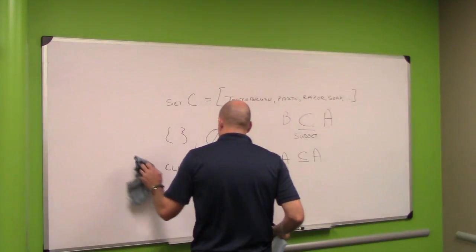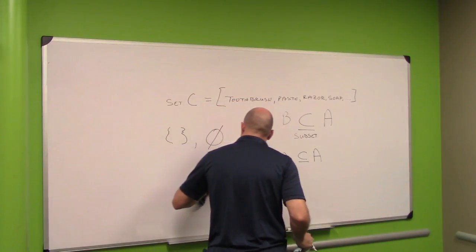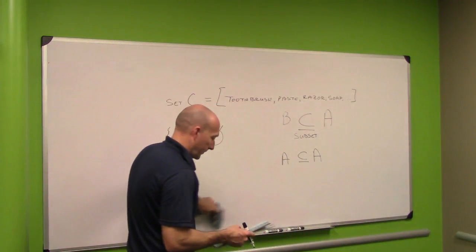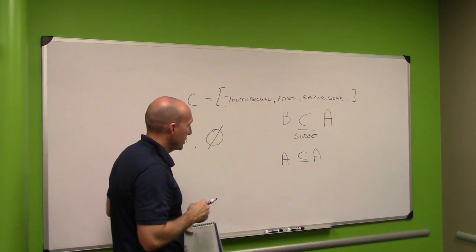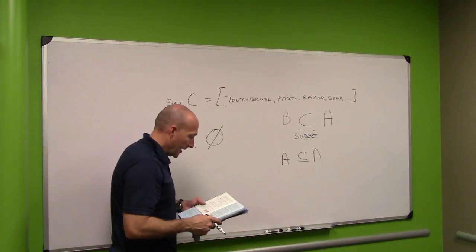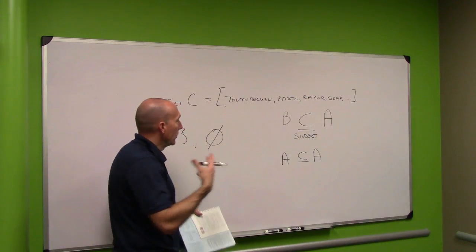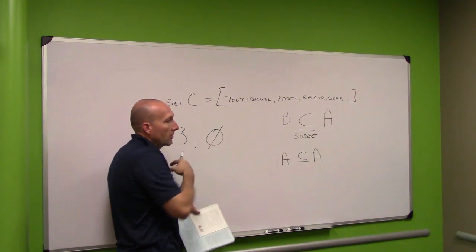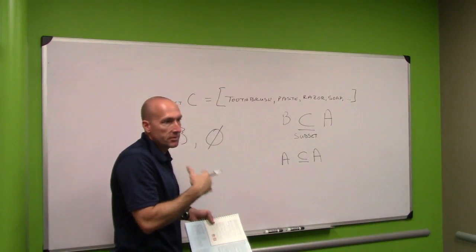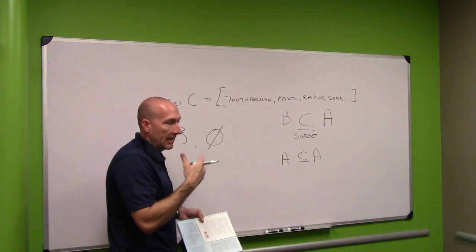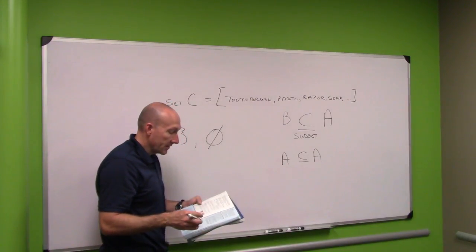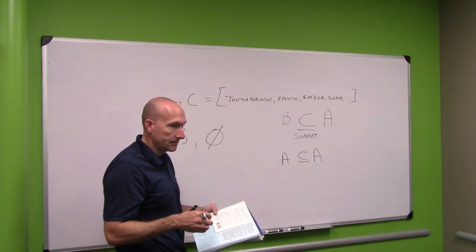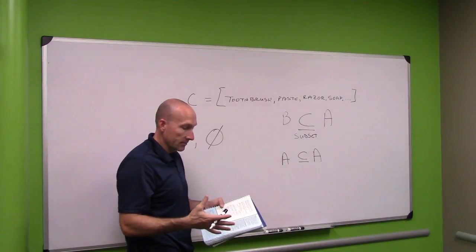Now, I'm going to throw y'all back a little bit. Whenever we're talking about a null set, or an empty set, again, what this is saying is that there are no elements. There's nothing that exists in that. Now, by definition, an empty set is considered to be a subset of every set.